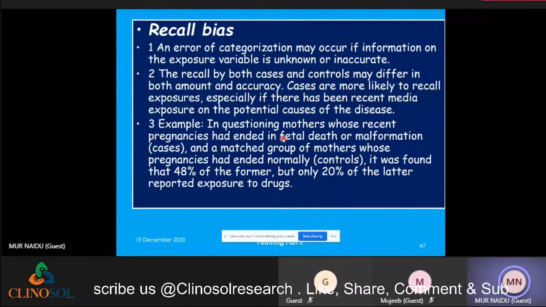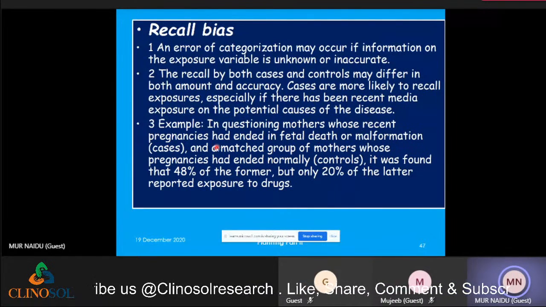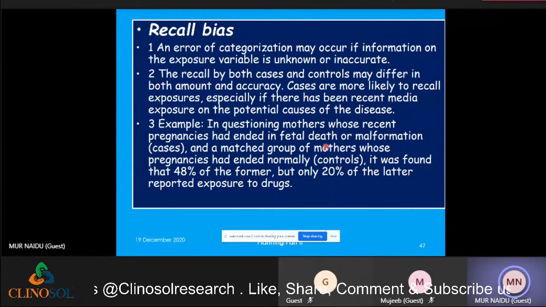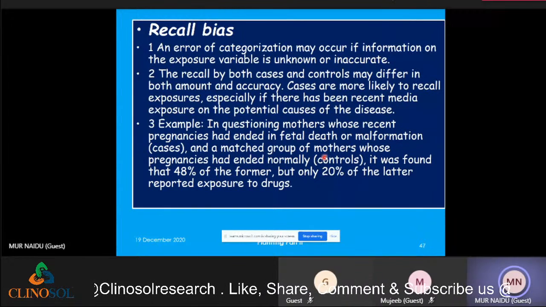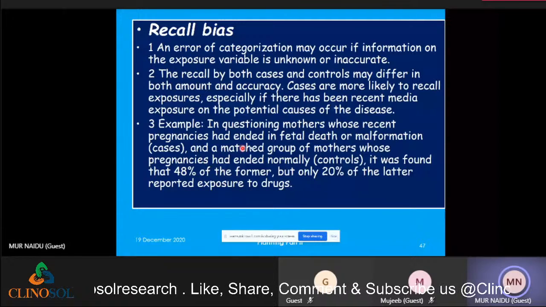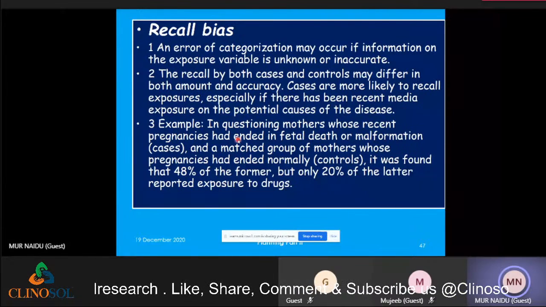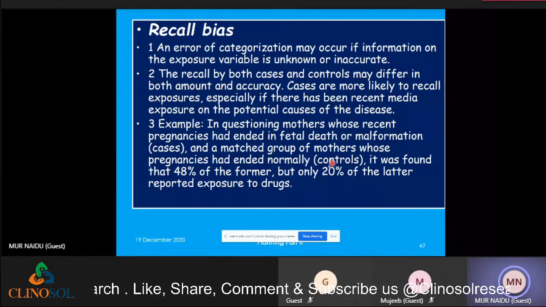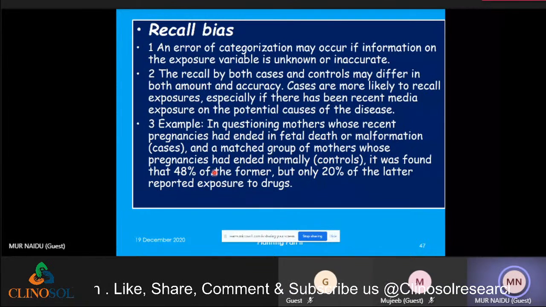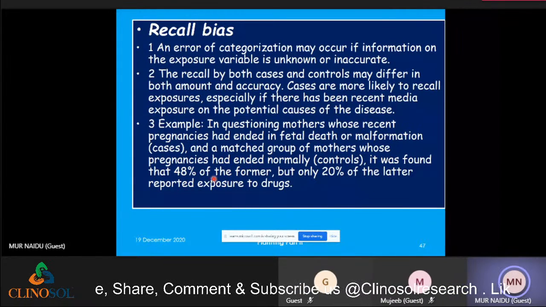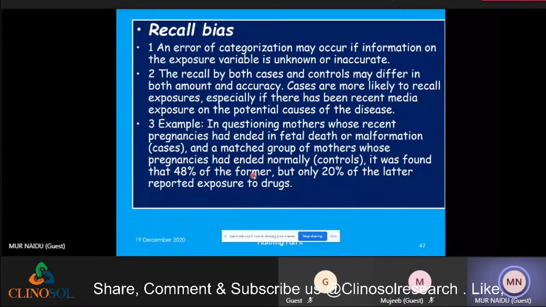An example here is a study comparing pregnant women with the number of fetal deaths, where the information was given. Those who got a particular type of information ended up compared with normal controls, and it was found that 48% of the women who got the wrong information reported a very high number of deaths.